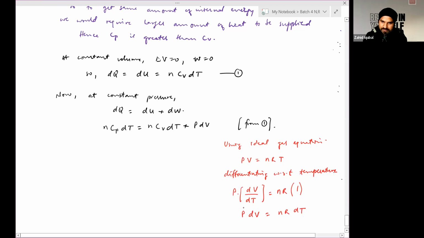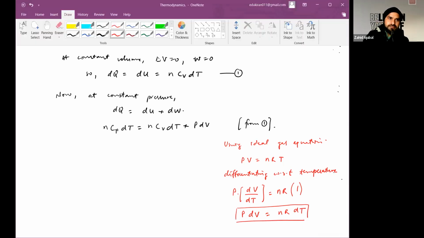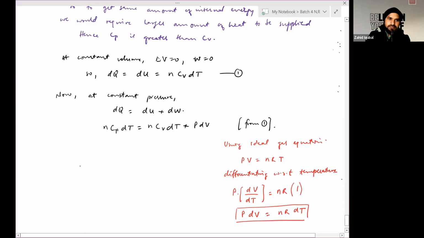Now put the value of P dV as nR dT in this expression. You get n Cp dT equals n Cv dT plus nR dT.